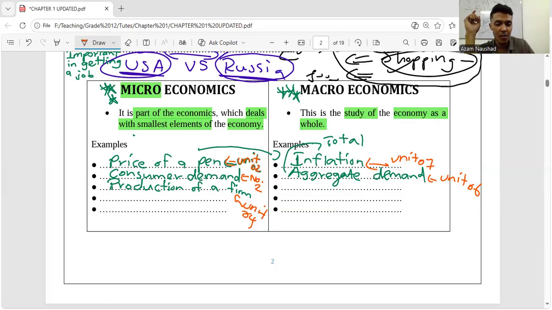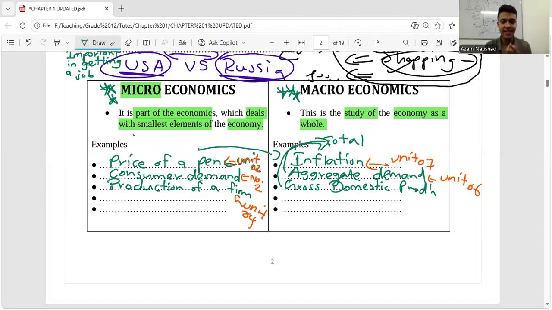But beside the sentence production of a firm, write down under macro as gross domestic production. Gross means total. Simply you are addressing the term total as gross.